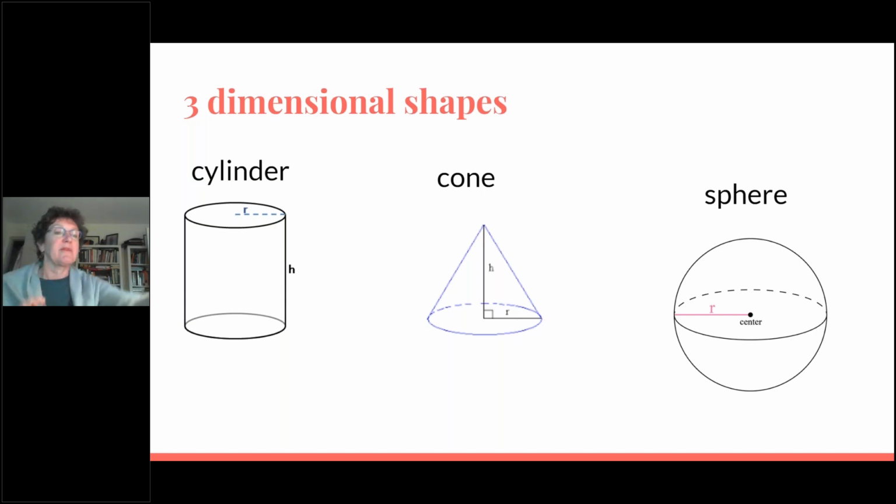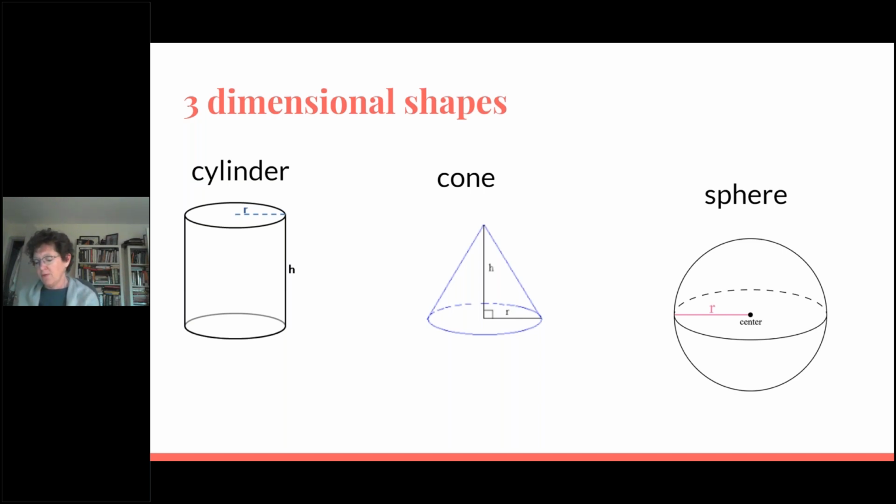3 squared. Let me write that down. 9. What did I say the height was? 5, right? So the volume equals 1/3 pi r squared times the height. So the volume equals 1/3 pi 3 squared times 5.